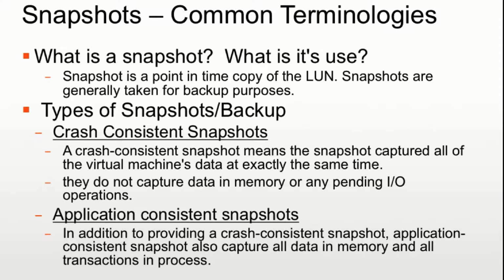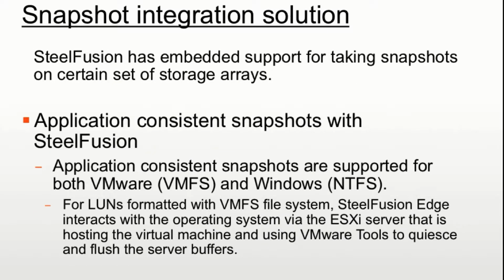So what is an application consistent snapshot? An application consistent snapshot is an improvement over a crash consistent snapshot, wherein in addition to providing a basic crash consistent snapshot, we also capture all the data in memory and all transactions in process. SteelFusion has embedded support for taking snapshots on certain storage arrays.